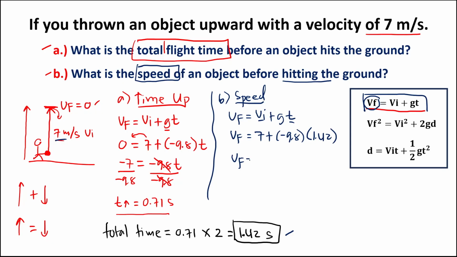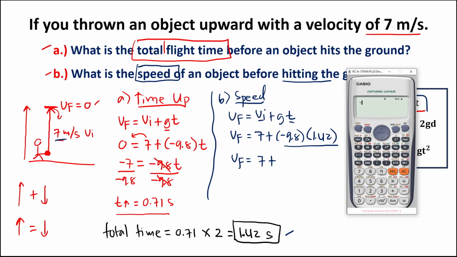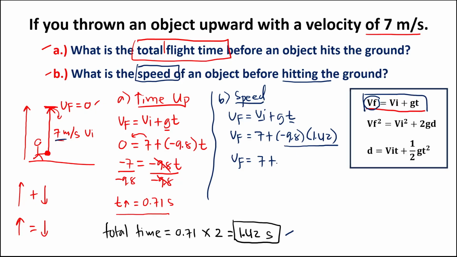So we have now the final velocity equals 7 plus negative 9.8 times 1.42. So negative 9.8 times 1.42 is equal to negative 13.92.